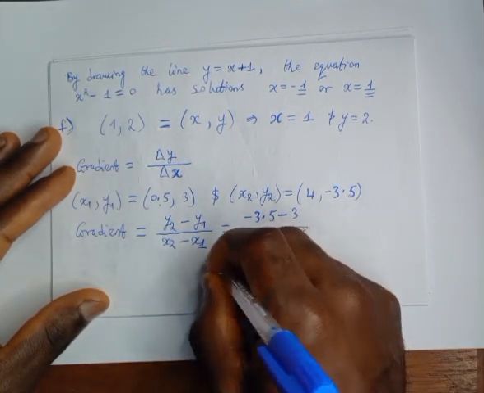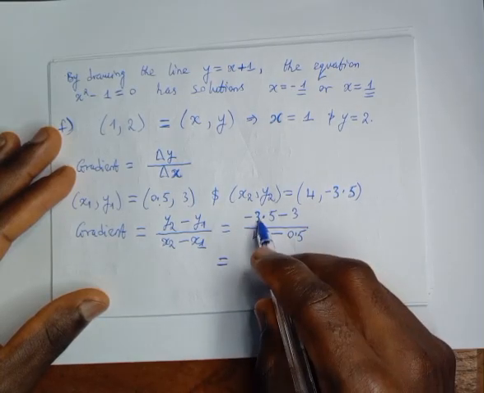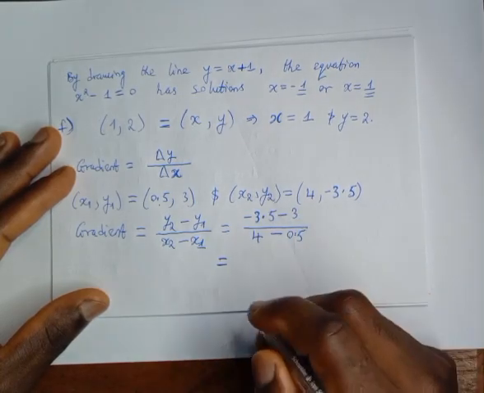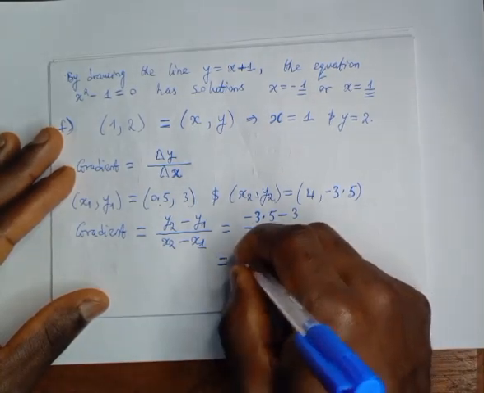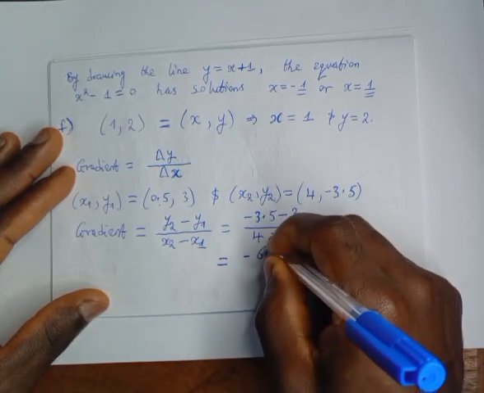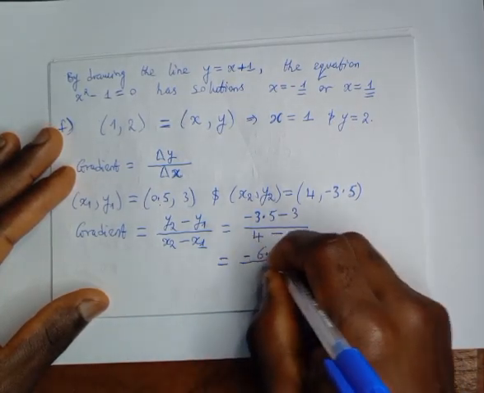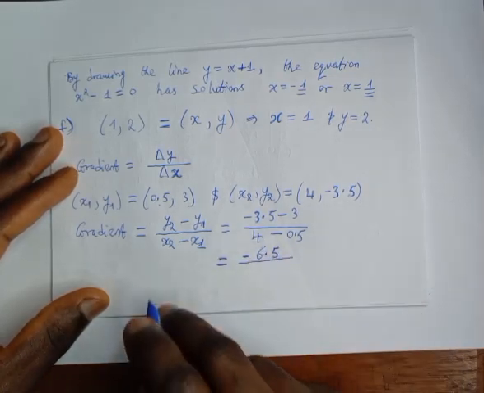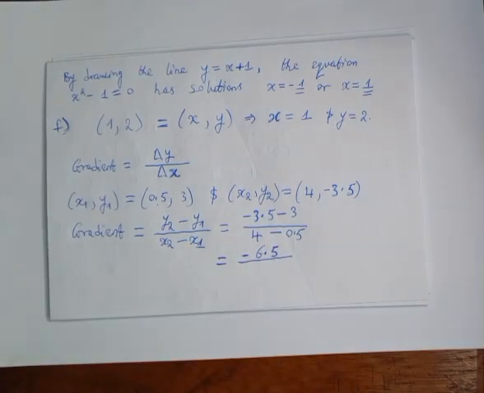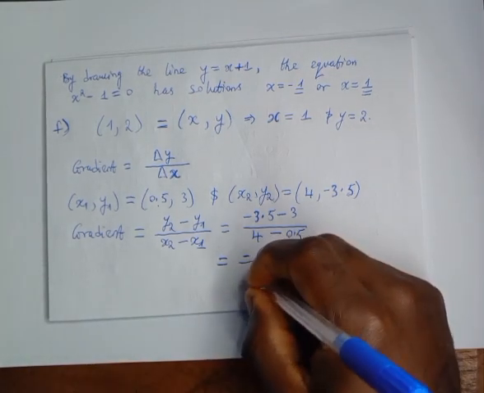This will simply be equal to negative 3.5 minus 3 gives us negative 6.5. We have to divide by 4 minus 0.5 gives us 3.5.